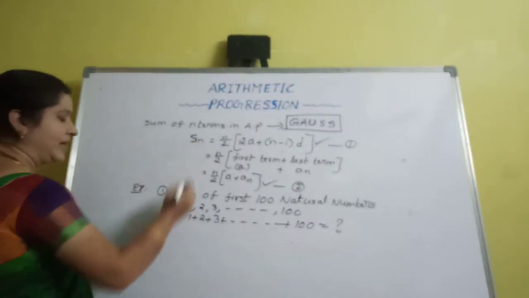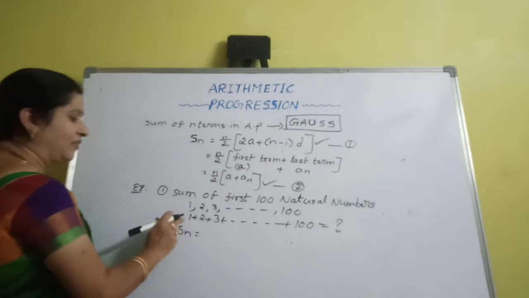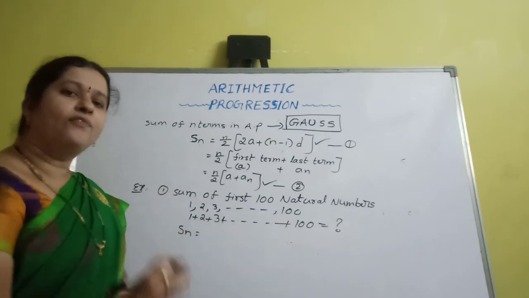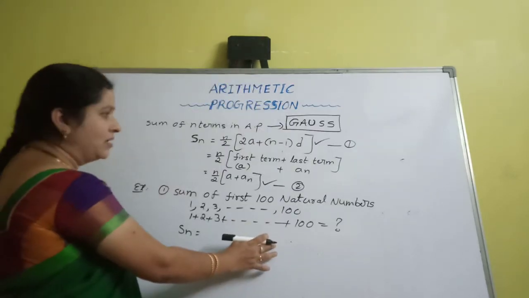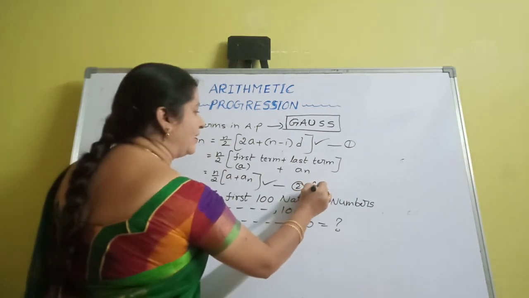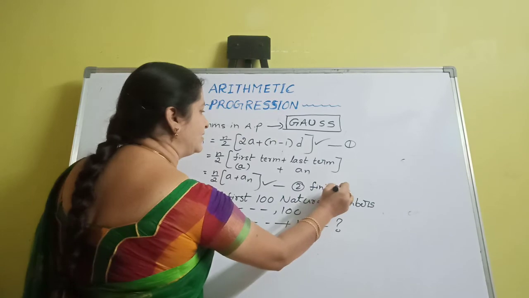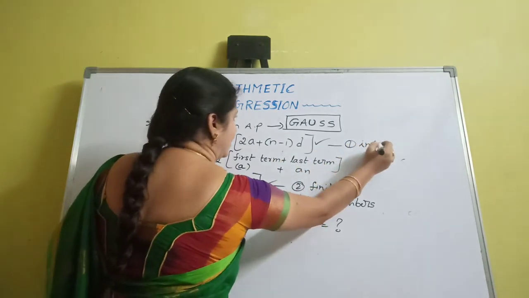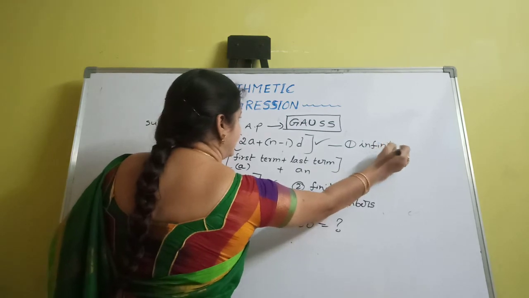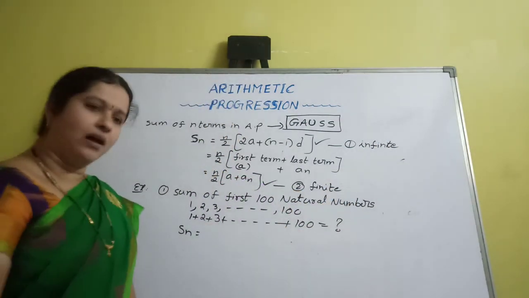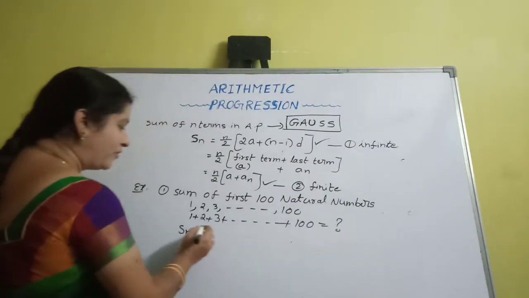Here the first term is given, also the last term is given. It is not an infinite series, it is a finite series. So for a finite series, where the first term and last term are given, what is the formula?